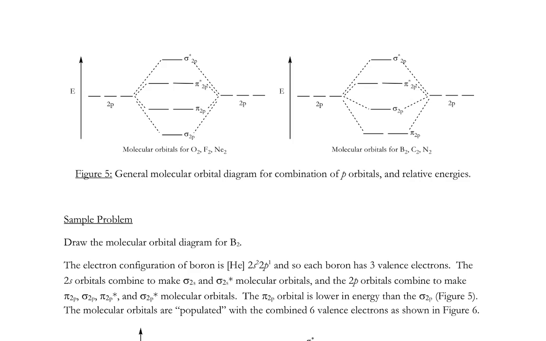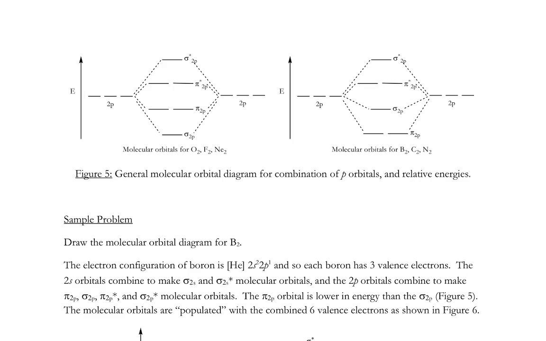So when 2p atomic orbitals come together, those are shown on the right and left side. They interact, giving us the MOs that are shown in the middle. For O2, F2, and Ne2, so those that are on the right side of the periodic table for row 2, the way the 2p atomic orbitals interact to give us the sigma and pi MOs, that's shown in the middle of our diagram.